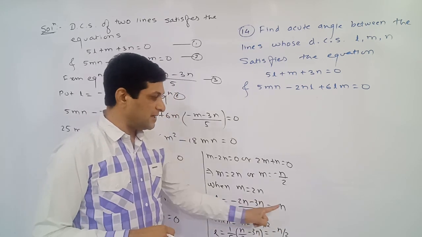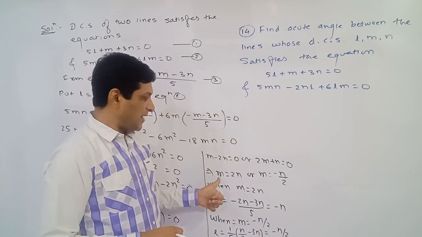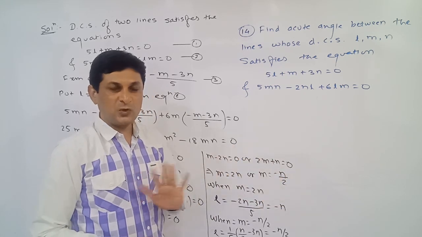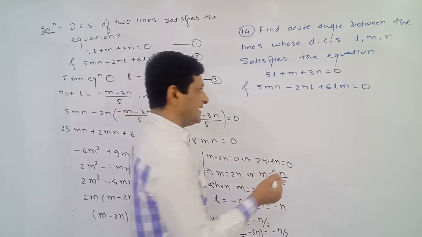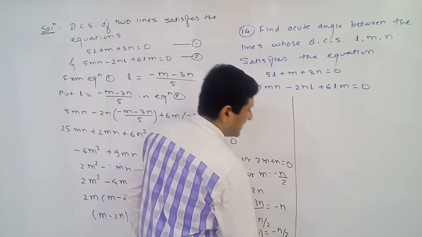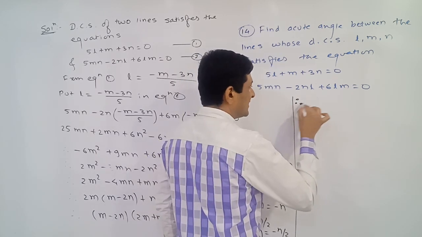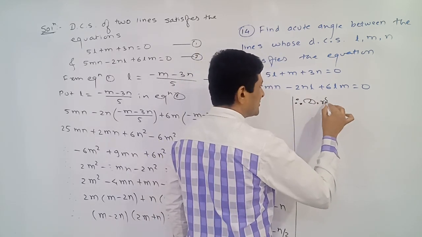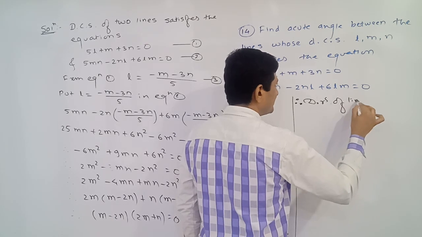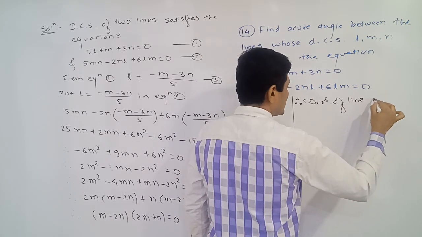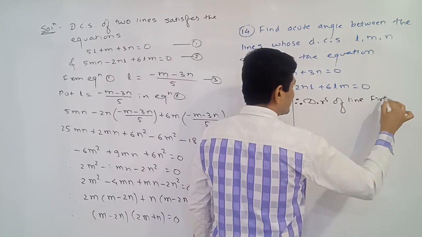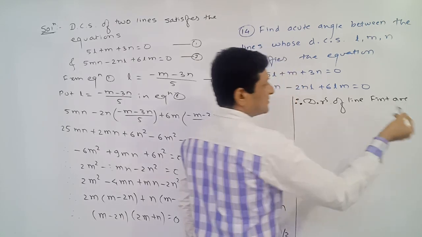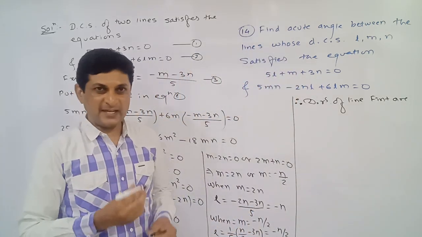Here also the value of l in terms of n is known to us, and the value of m in terms of n is also known to us. Now we are finding the direction ratios of the first line.